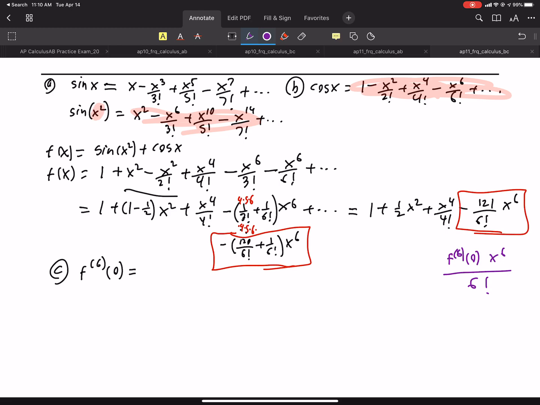So you would just make these two equal to each other. Show that. Oh, whoa.